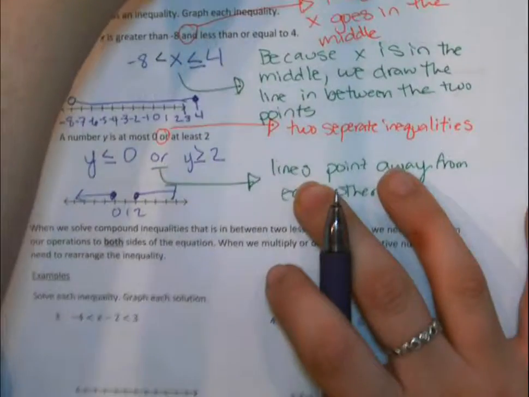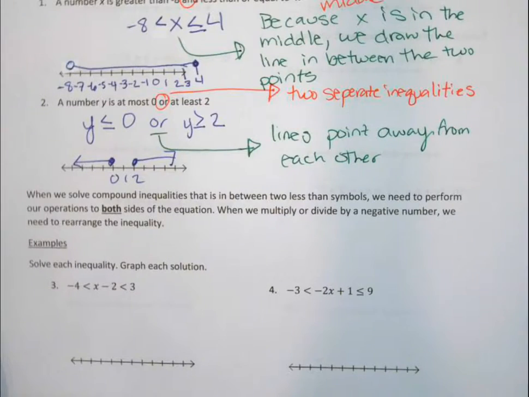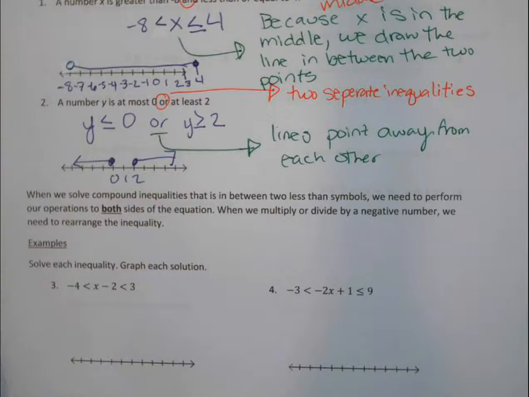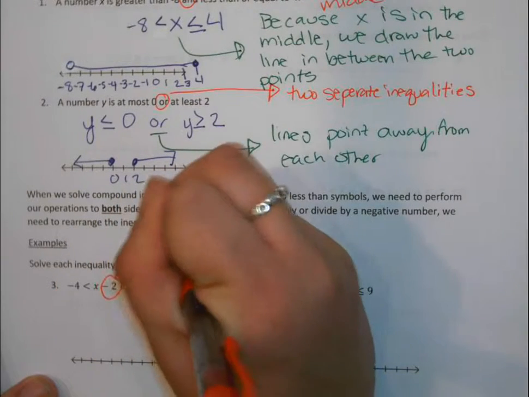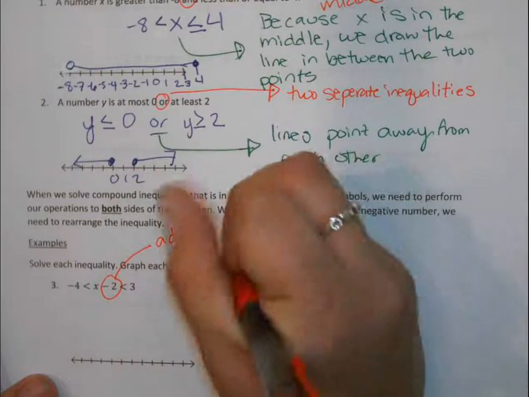Okay. I solve compound inequalities just like I would solve a linear equation, except whatever I do to one piece, I have to do to all three pieces. So on number 3, I'm going to start off by adding 2 to all three pieces.